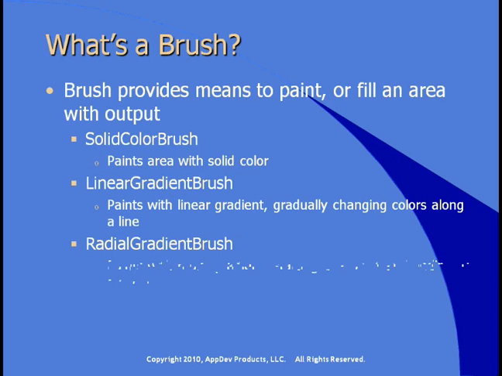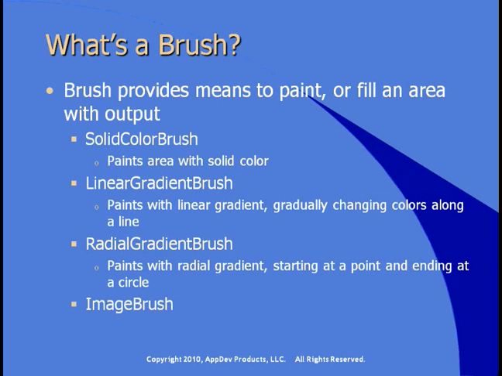There's a radial gradient brush, which paints with a radial gradient starting at a point and ending at a circle, again following a straight line going from one color through possibly other colors to a final color at the circle. And there's an image brush, which paints with an image. There are other brushes as well. We'll focus on these in this section.